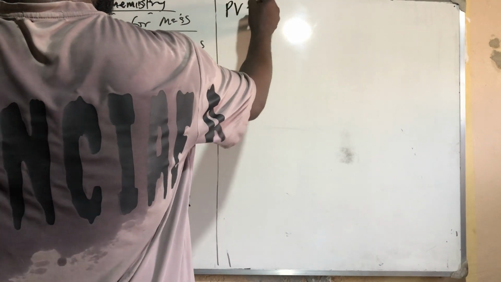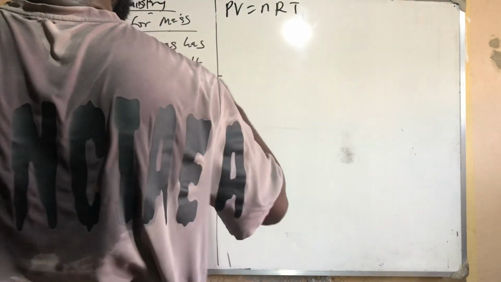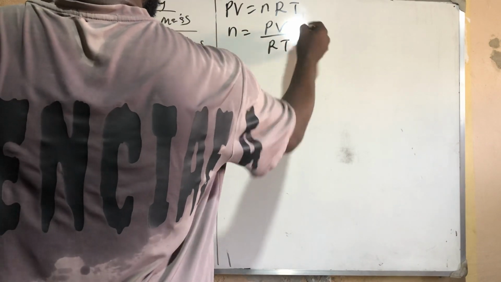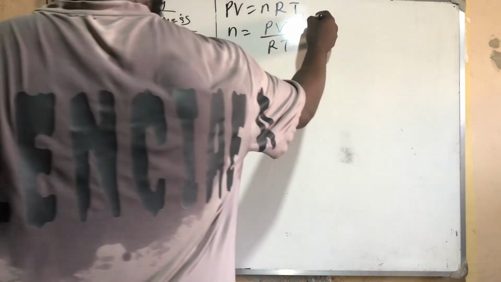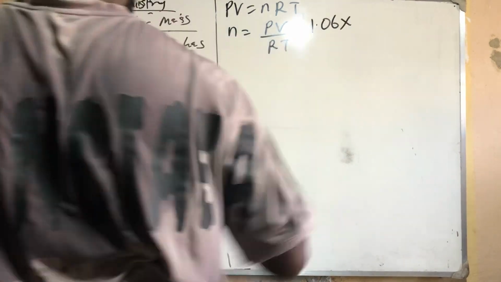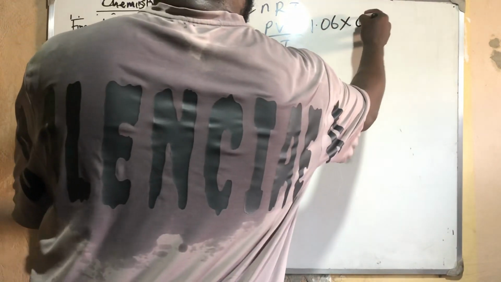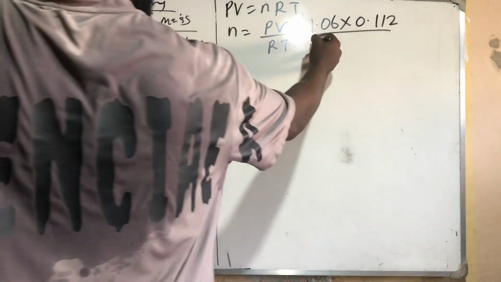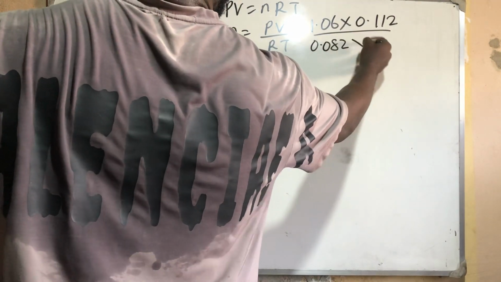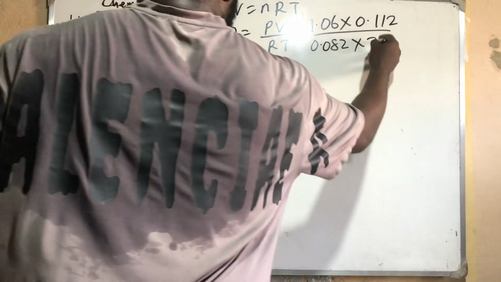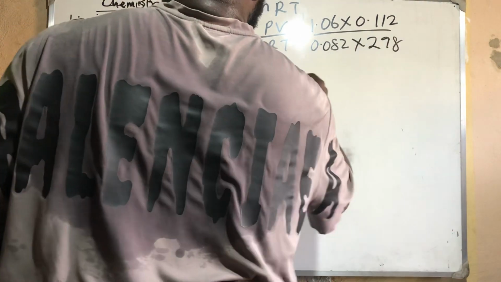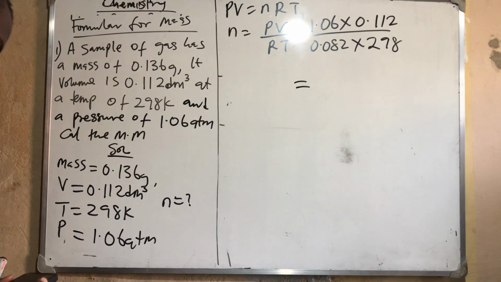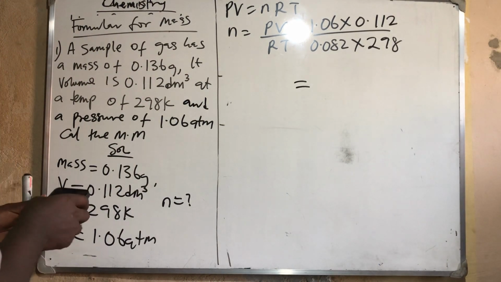All right. So I know that my PV is equal to nRT. So n that I'm looking for is PV over RT, which is equal to what? My P is 1.06 times my volume there is 0.112 divided by my R, which is always constant, 0.082. Don't forget, times the temperature there is 298 Kelvin. So if you do that, let us calculate that.